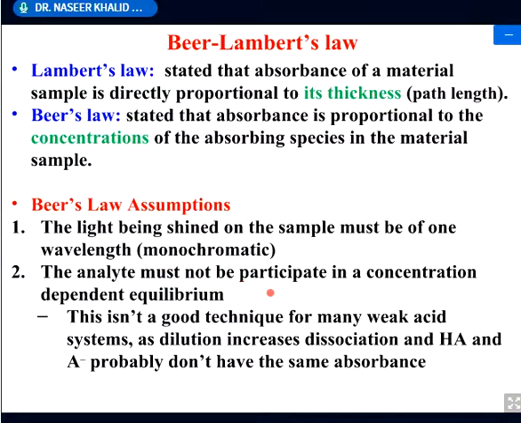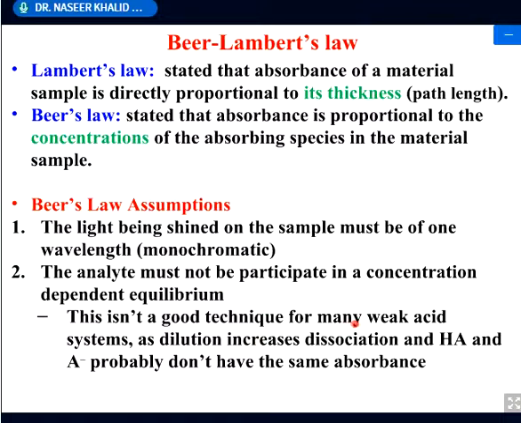does not participate in a concentration dependent equilibrium. There should be no change in the concentration during the measurement. For simplicity, we can take the example of weak electrolytes such as acetic acid.